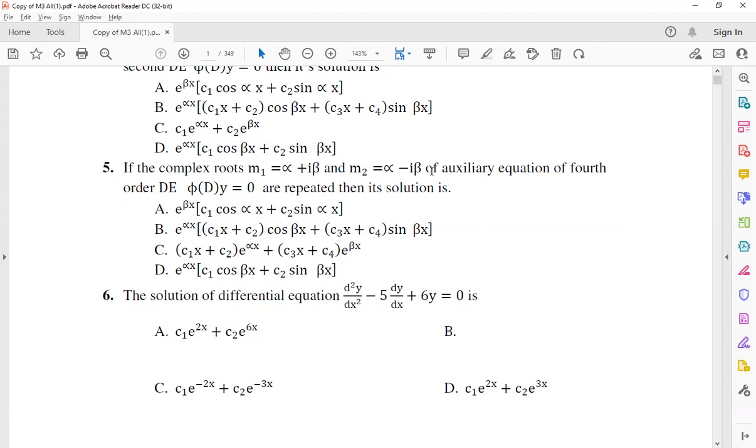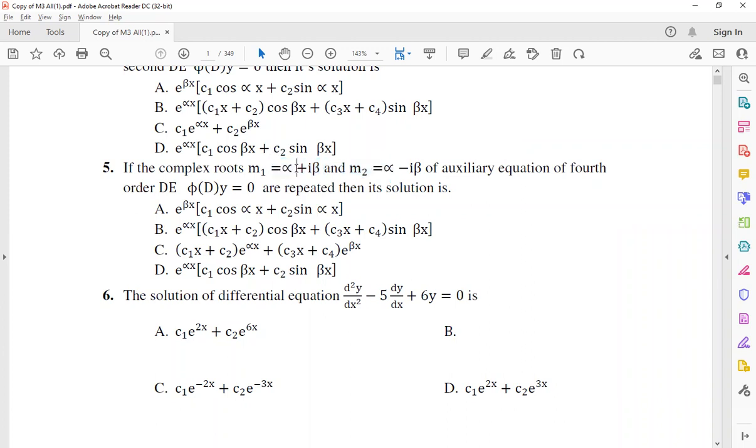It is the auxiliary equation of fourth order, D having highest order 4. And it is given that these roots are repeated. Order is 4, means how many roots will be there? 4. These are only 2 given and said repeated.